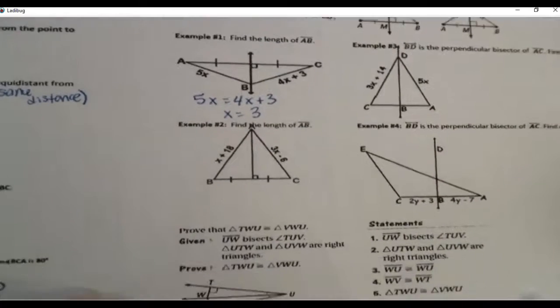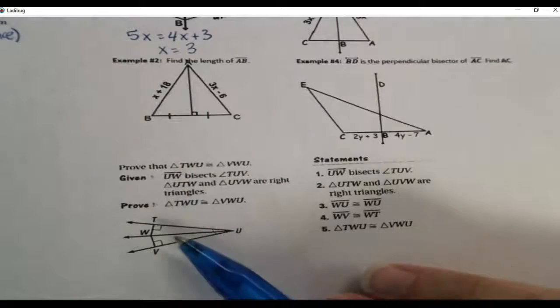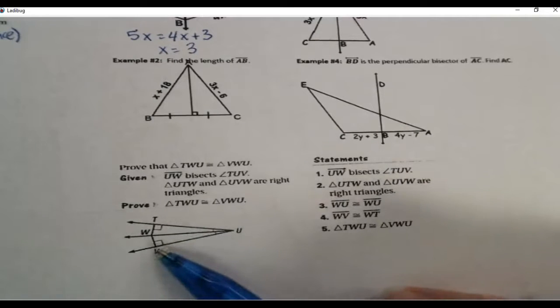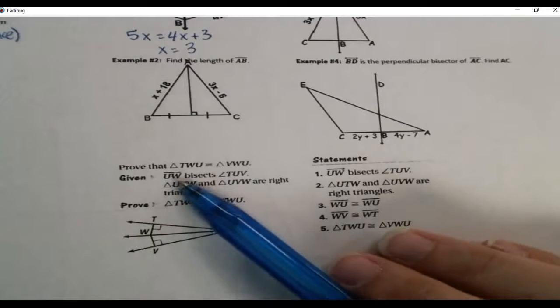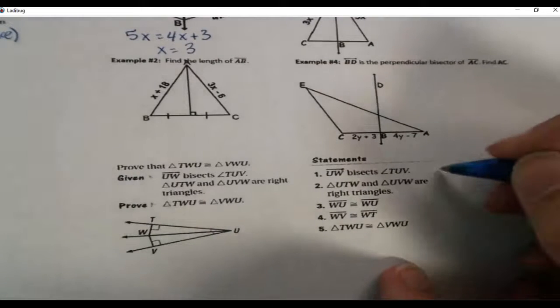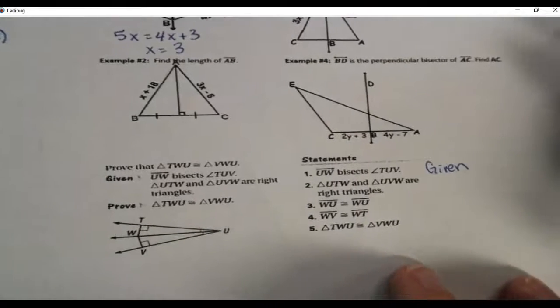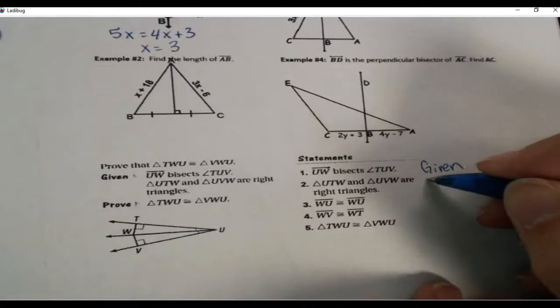So let's look at this proof down here. This proof says we want to prove that the triangle TWU is congruent to the triangle VWU. So we're given that UW bisects the angle TUV. So that's given. We're also given that they're right triangles.